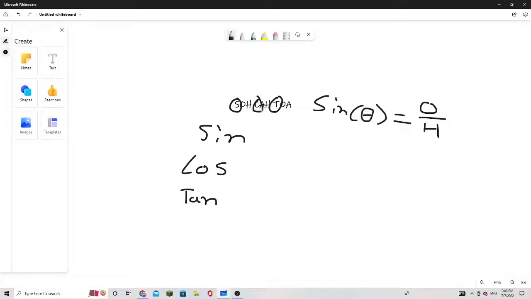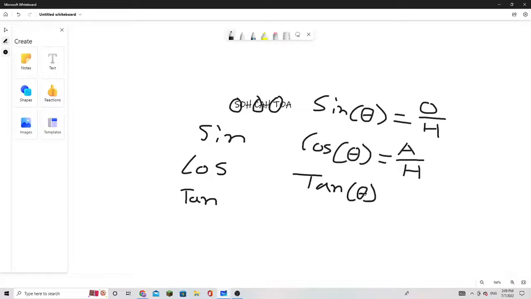Do you want to guess what cosine is? Cosine of theta would be equal to adjacent over hypotenuse. And try the tan one yourself and pause the video. Yep. Okay, so tan of theta is equal to opposite over adjacent.